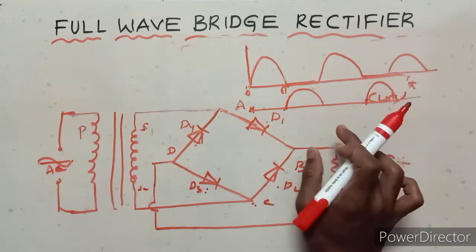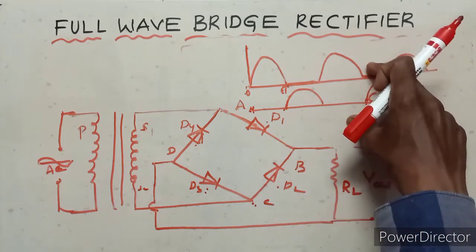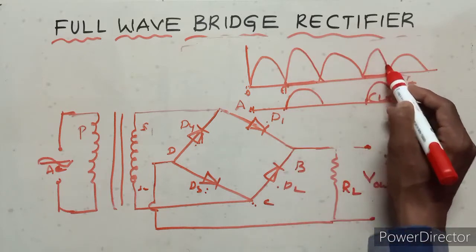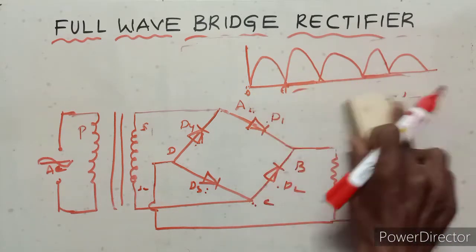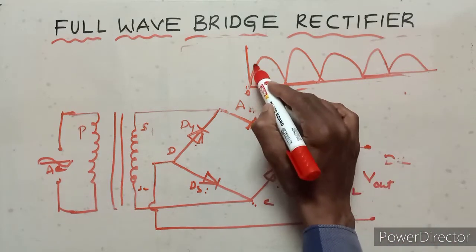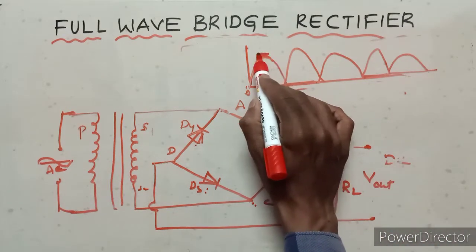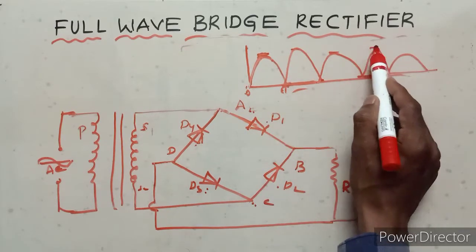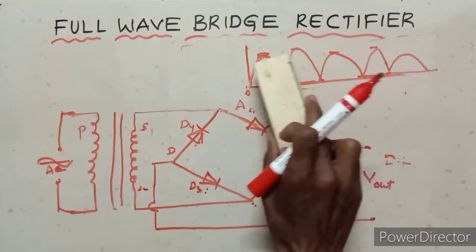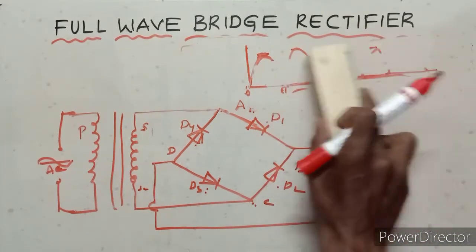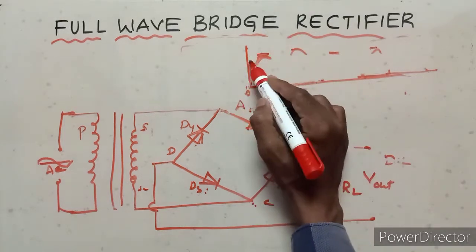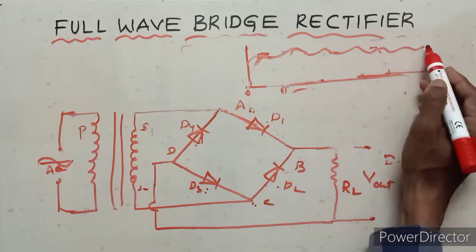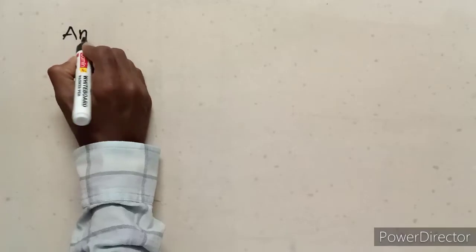In the reverse bias, between 0 and pi it does not allow, then allows, and so on. These two graphs are shown in one graph: maximum, minimum, maximum, minimum. These two overlap, and totally this is the output curve, a pulsating DC.